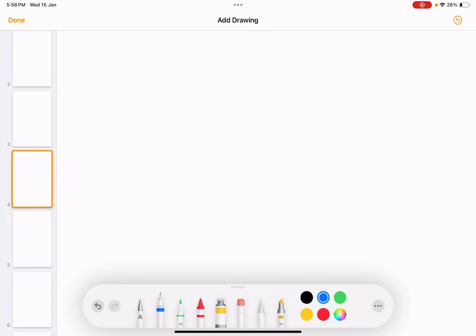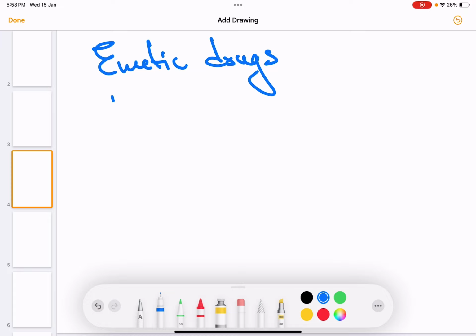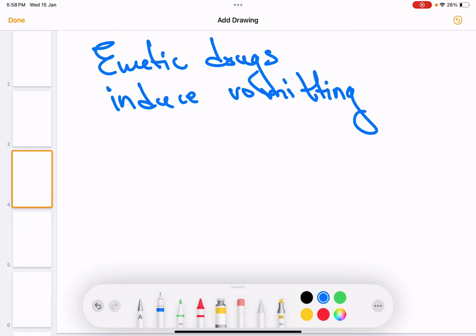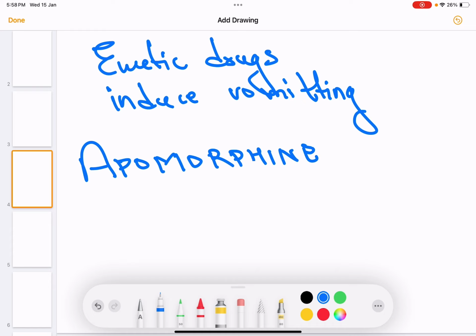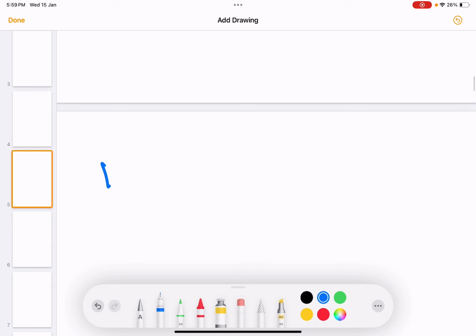to the vomiting center. Now, what are the various anti-emetic drugs? First, let us discuss emetic drugs. There are two emetic drugs. Emetic drugs means drugs that induce vomiting, so they cause vomiting. The two emetic drugs are apomorphine and ipecacuanha.